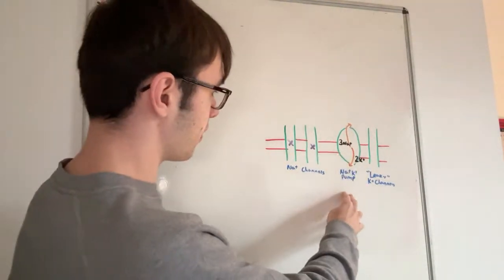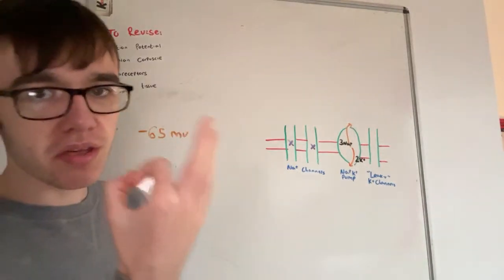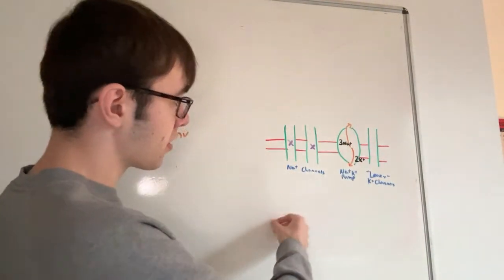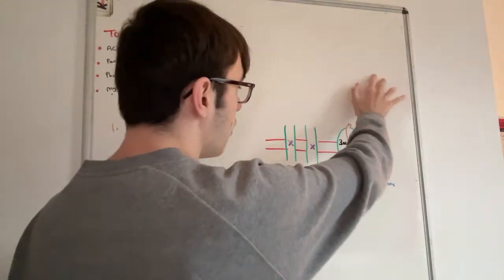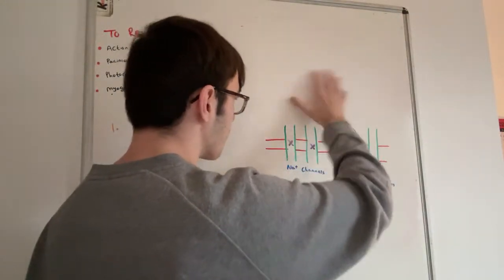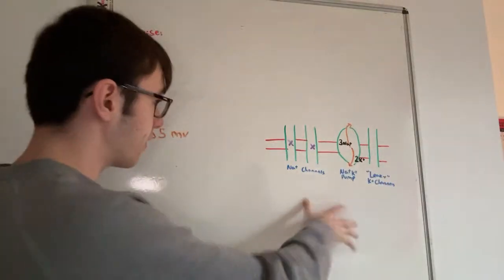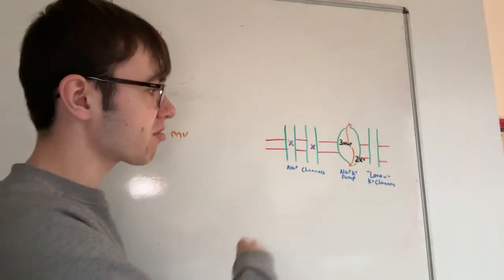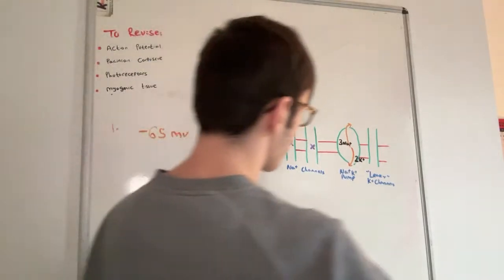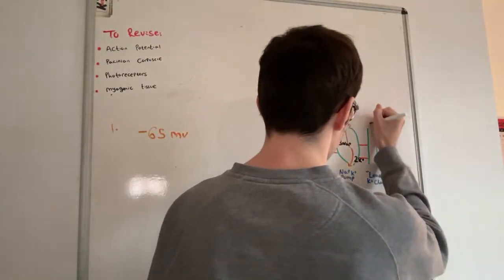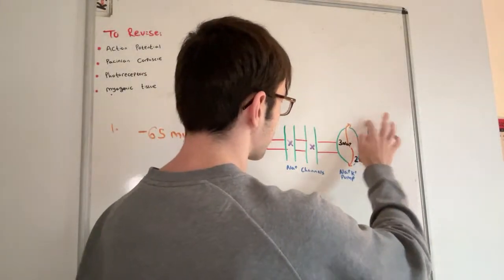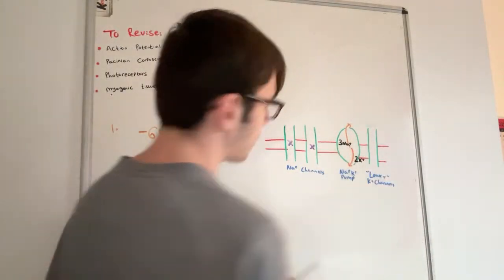The NaK pump is pumping out 3 sodium and letting in 2 potassium, so obviously more ions are being released than are being let in. And then the leaky potassium, I don't recall which direction they go. I would assume that it goes this way to help maintain a concentration gradient, but I'm not too sure.